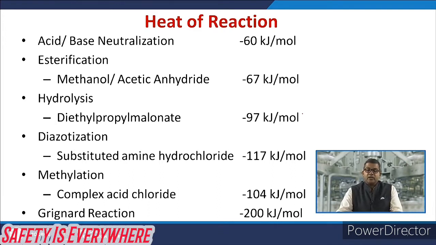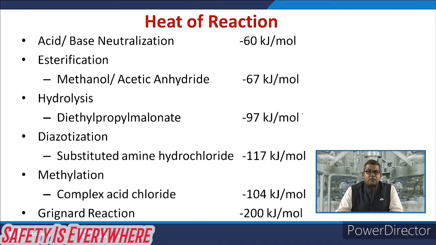Now you can see in this particular slide we have listed some reference heats of a reaction. Acid or base neutralization may have an exothermicity of 60 kilojoule per mole. Esterification of methanol or acetic anhydride has an exothermic heat of reaction of 67 kilojoule per mole. Hydrolysis may have a heat of reaction of minus 97 kilojoule per mole.